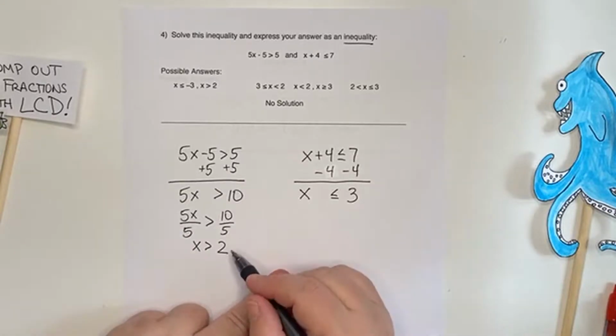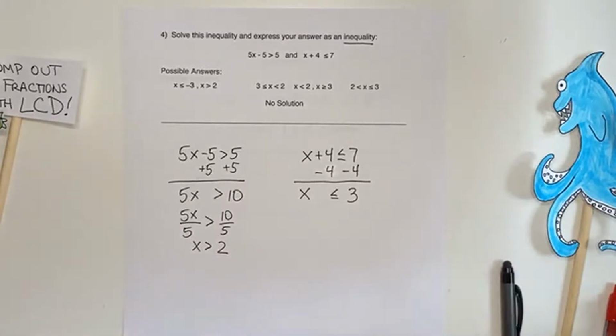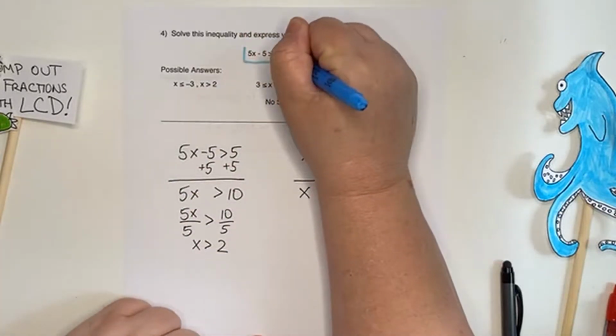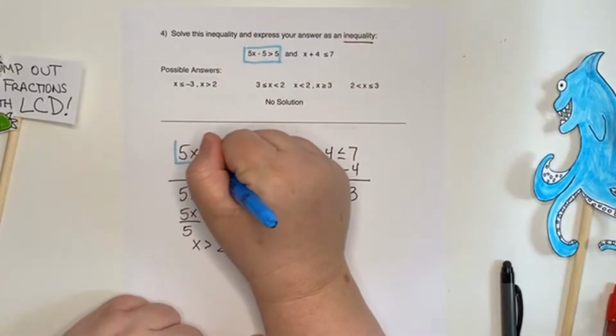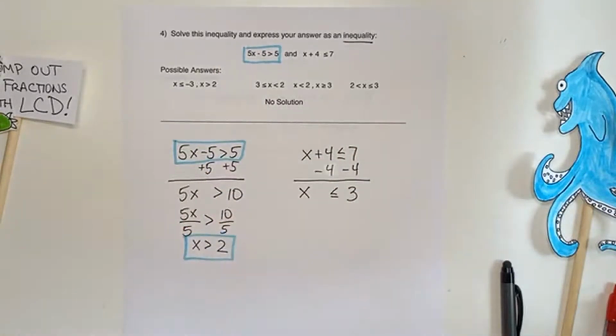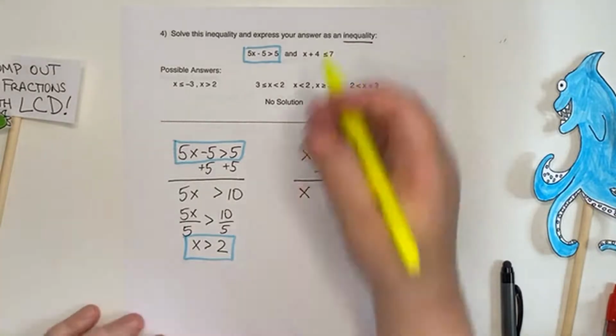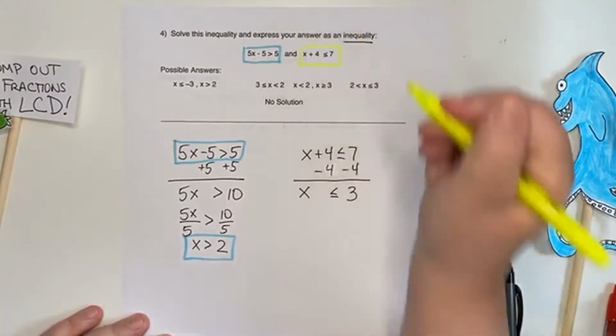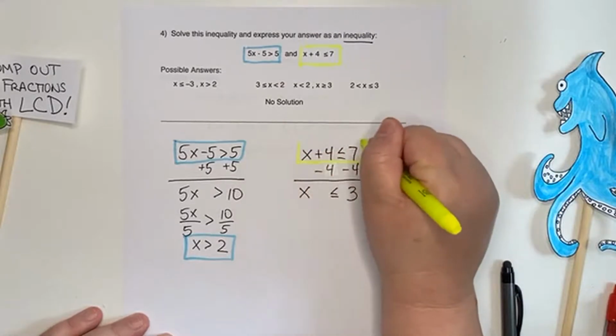Okay, so I've got two inequalities. So I had the blue inequality right here. I should have boxed these before I did all this work, and then the yellow inequality. Woohoo.